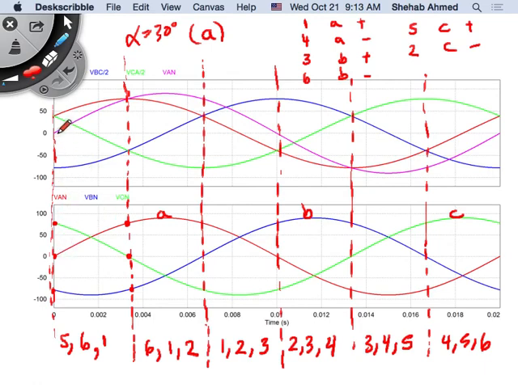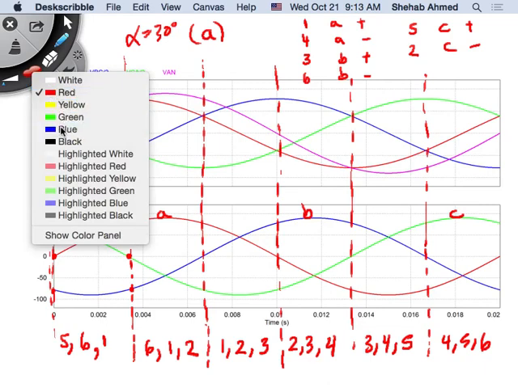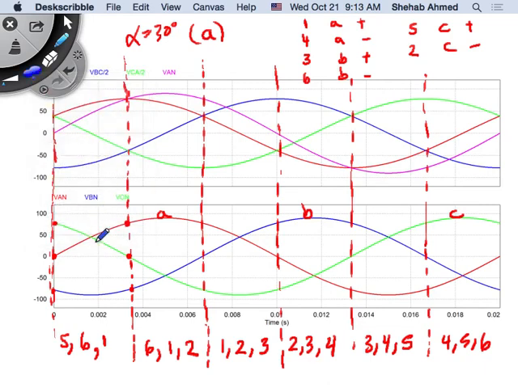Phase voltage starts here. So the delay will be 30 degrees from here. We'll draw these lines. 30 degrees from here is where these two intersect. I chose 30 degrees because it's easy to draw here. The idea is the same, but it's easier to draw because of the intersections. So this is going to be 30 degrees from where this red line is.